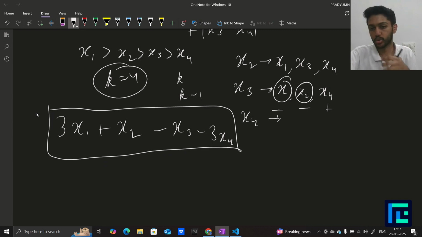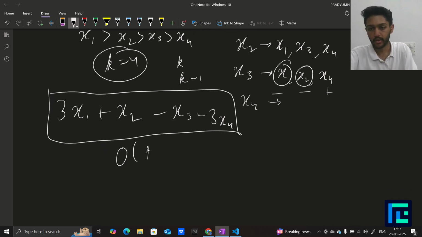You can simply solve this in O of k. Right.